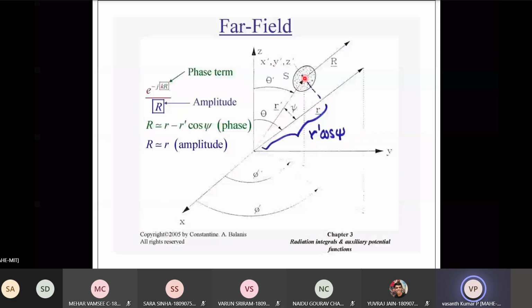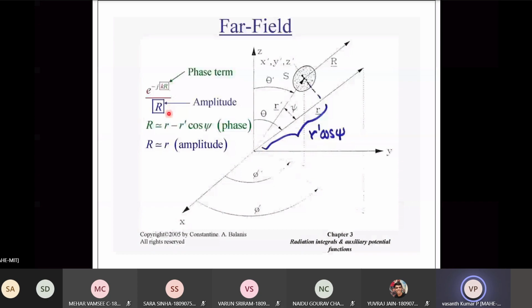For this much r dash cos psi, you may have so many wavelengths because lambda is a small quantity. When you discuss propagation of waves through an antenna, lambda is a small quantity. So r dash cos psi may have several wavelengths, and for each wavelength there will be a phase change of 2 pi. So as far as the phase term is concerned, you have to retain this.